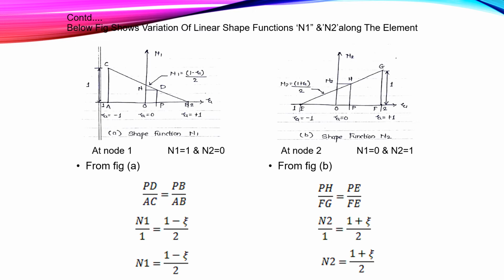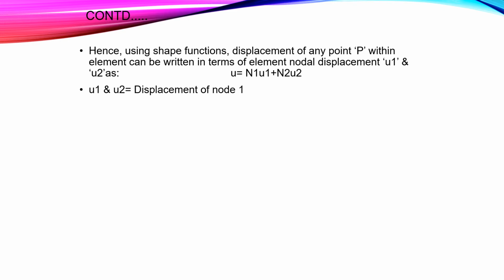So you need two shape functions for the two-noded 1D element, that is N1 and N2, and the values of N1 and N2 are (1 minus zeta) upon 2 and (1 plus zeta) upon 2, while zeta is the natural coordinate. Hence, using shape functions, displacement of any point P within the element can be written in terms of the nodal displacements u1 and u2. How?